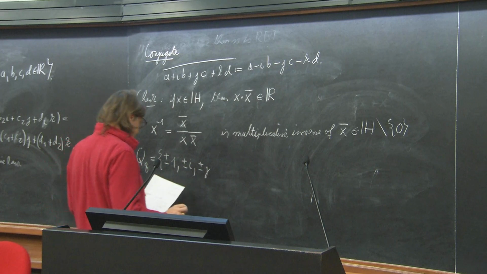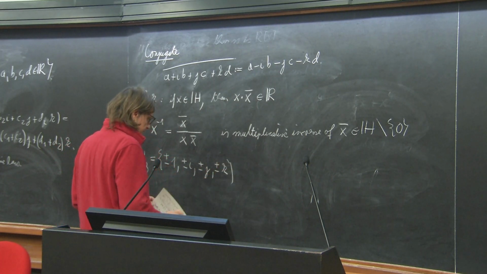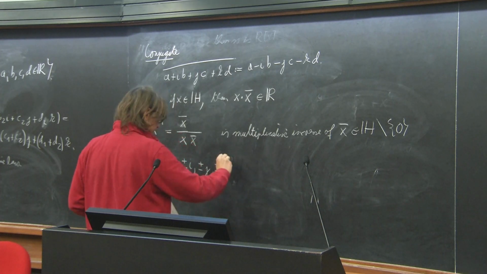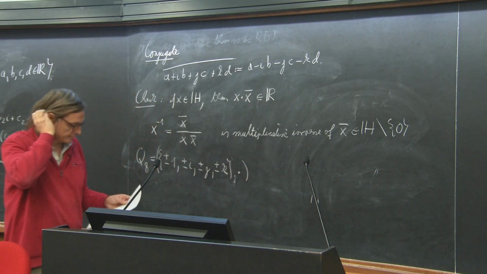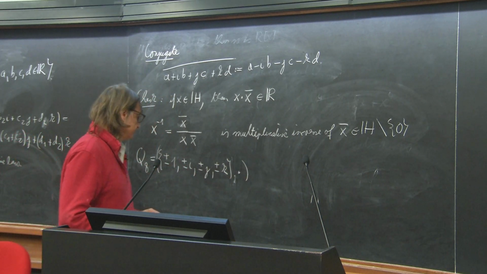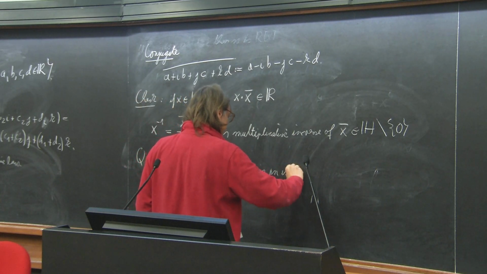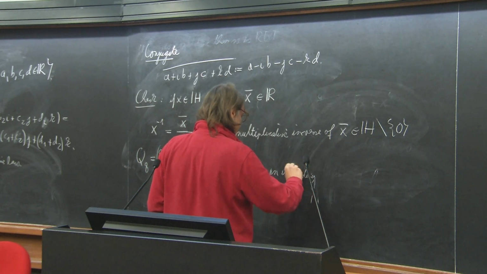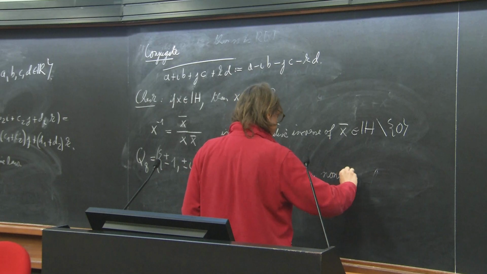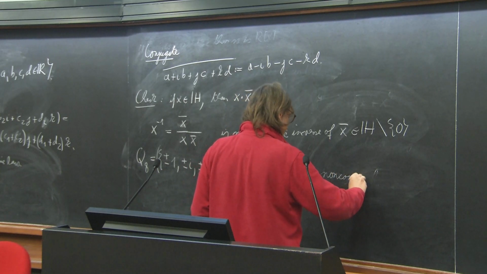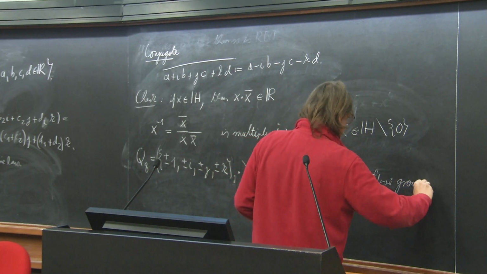So it's a set consisting of these 8 elements, and with the multiplication, the quaternion group is an interesting non-commutative group with 8 elements.